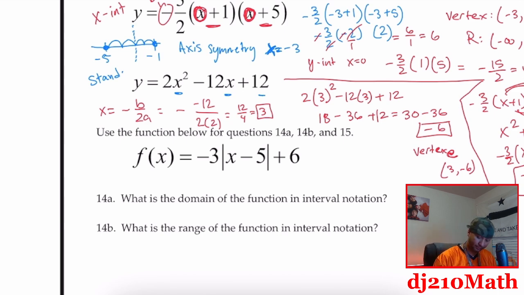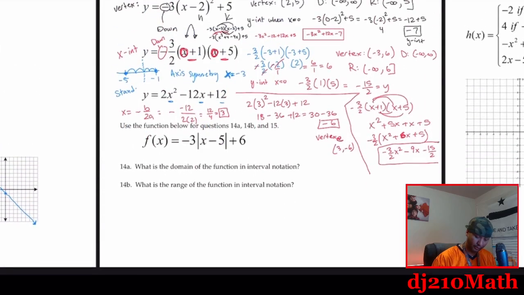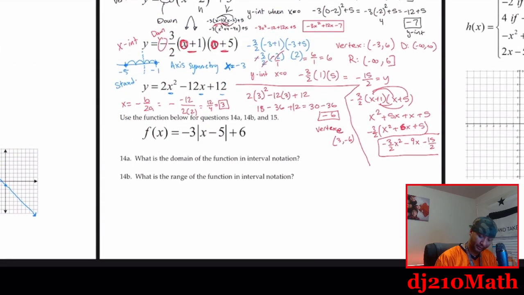Domain. We're really running out of space here. The domain is going to be all real numbers, bold-struck R. And then the range: it opens upward.